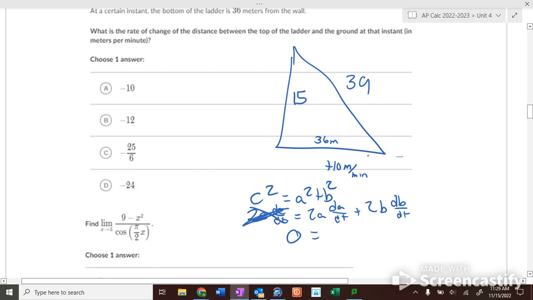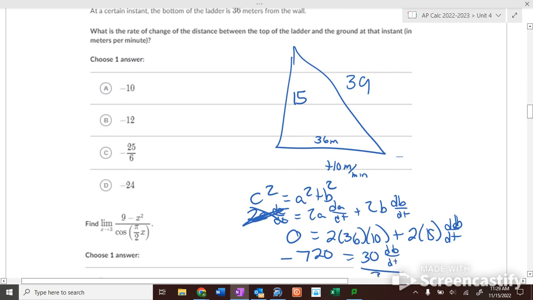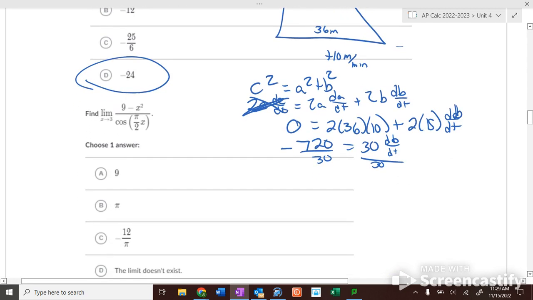A down here is 36, so it's 2 times 36 times 10 plus 2 times 15 times db/dt. So 2 times 36 is 72, times 10 is 720. We subtract it from that side, equals 30 db/dt, divided by 30. 720 divided by 30 is 24, so it's negative 24 meters per minute that it's dropping. So it's dropping really fast by the time it gets that far down.